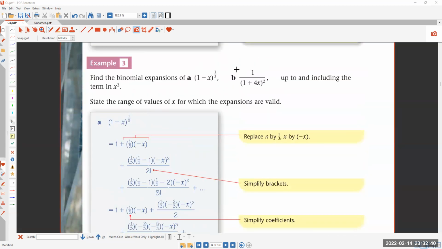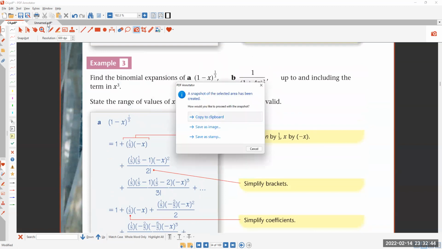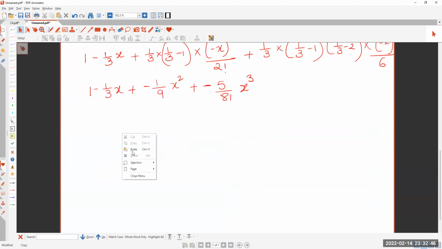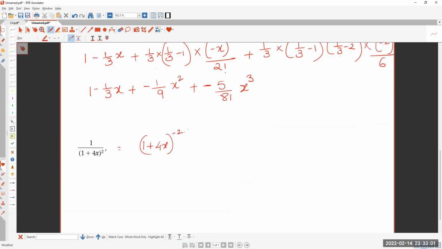Now let us learn how to do this sum, the B part. So this becomes 1 plus 4x raised to minus 2.